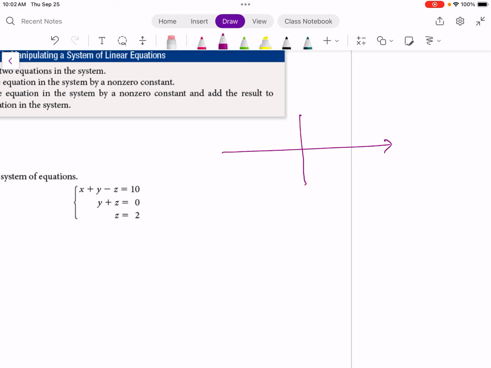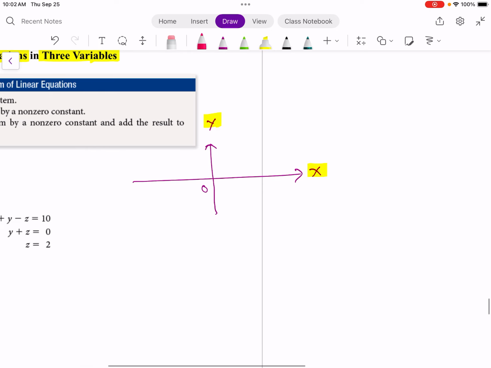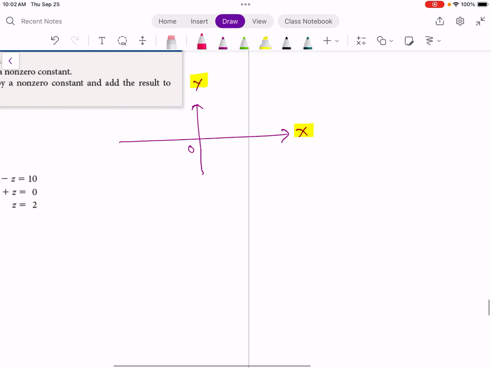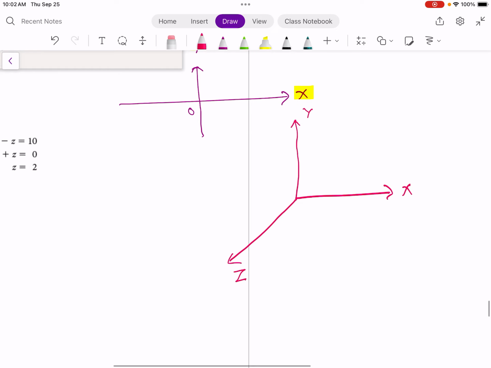This is our x-axis, this is our y-axis, this is our origin, so we have two variables x, y. Now in this section we have three variables. We have an extra axis: the x-axis, the y-axis, and the z-axis, and this is the origin. So we are talking about three dimensions.